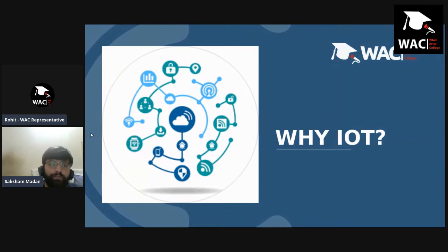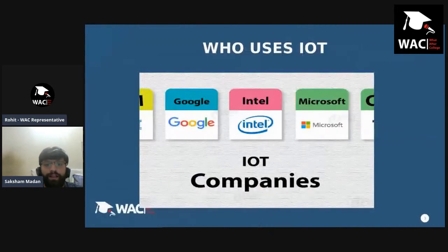Companies that use IoT: Google, Intel, Microsoft, Fitbit. You must have known or used a Fitbit or Mi Band. What does it do?